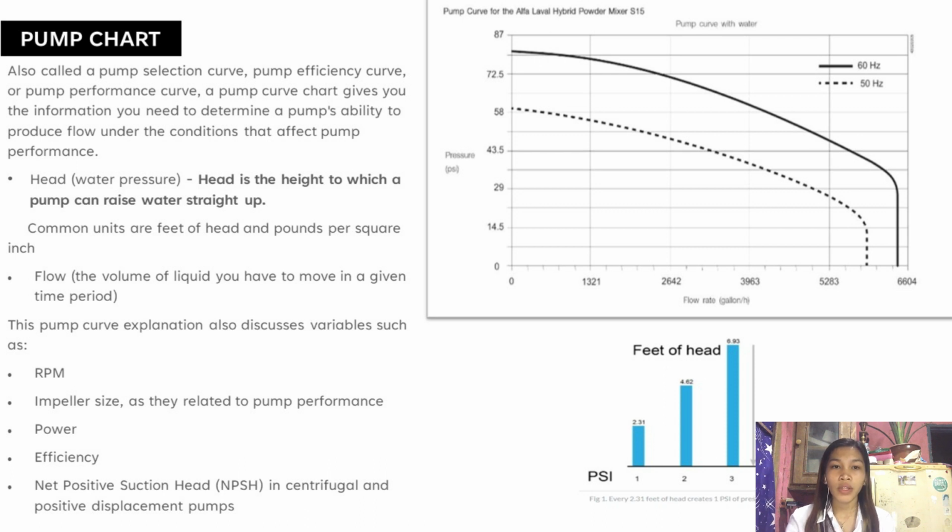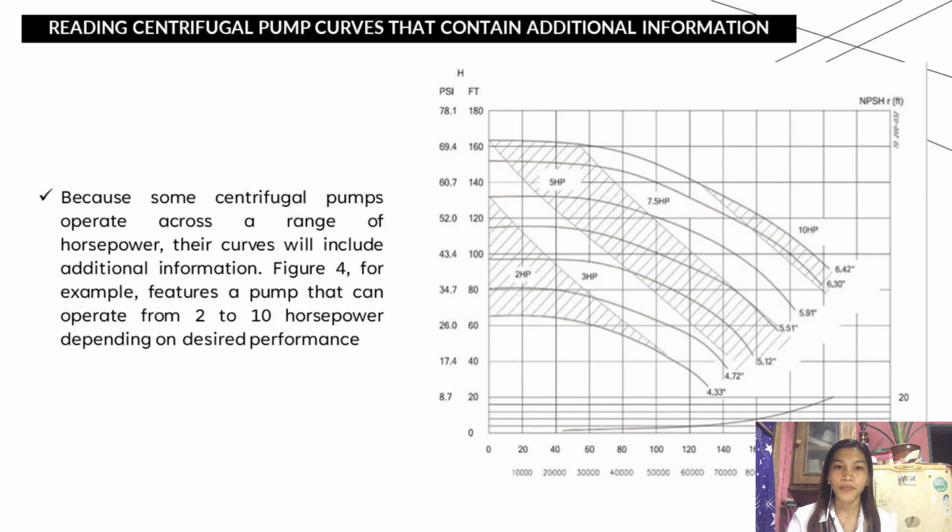As you will see, you can also use pumps in parallel to increase flow. This pump curve explanation also discusses variables such as pump speed in revolutions per minute or RPM, impeller size as they relate to pump performance, power, efficiency, net positive suction head, and centrifugal and positive displacement pumps.